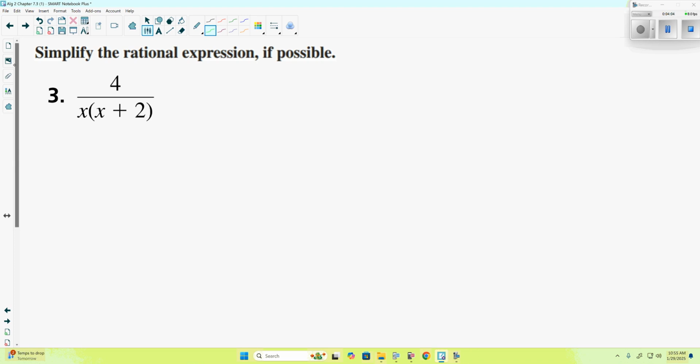There's nothing in common, yes? That's simplified. It's already simplified. There's nothing we can do to it because there is nothing in common on top and bottom. It is already reduced.